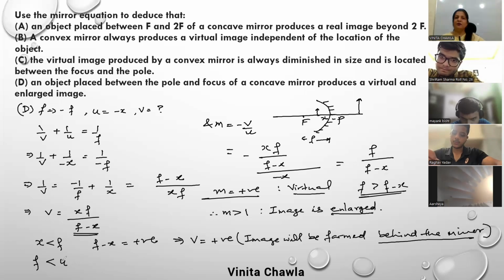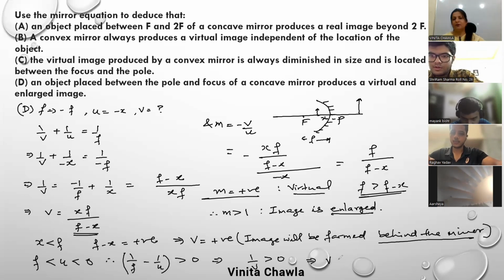More negative is smaller. f is more negative than x, so it is smaller, and u is less than 0. Therefore 1 upon f minus 1 upon u is greater than 0. So this implies 1 upon v is greater than 0, or v is positive. We can do this question like this also. Okay, easy and simple.